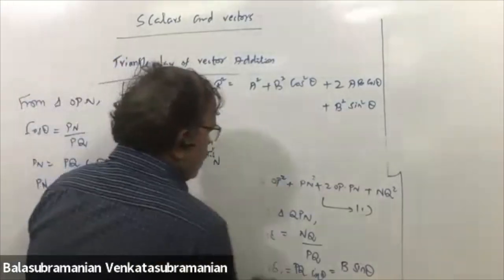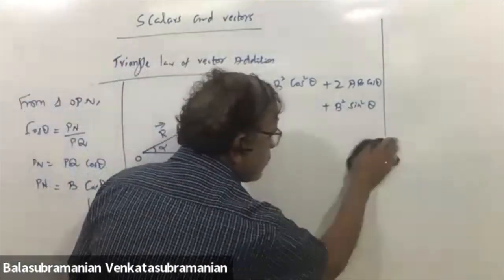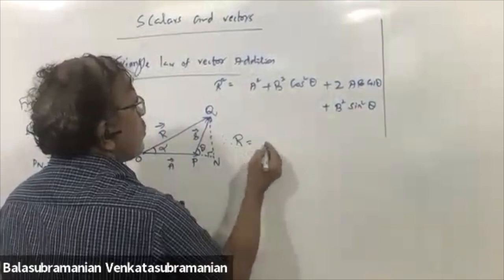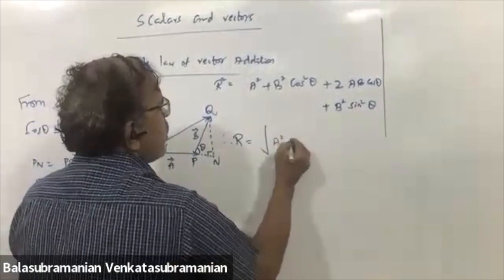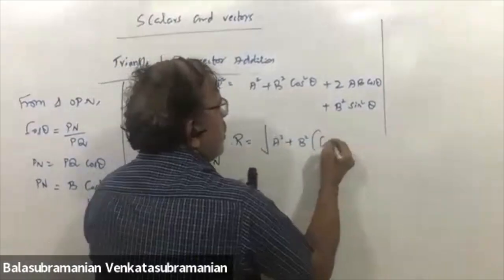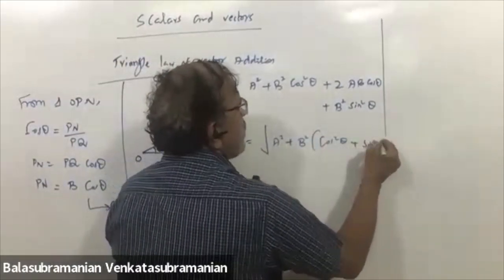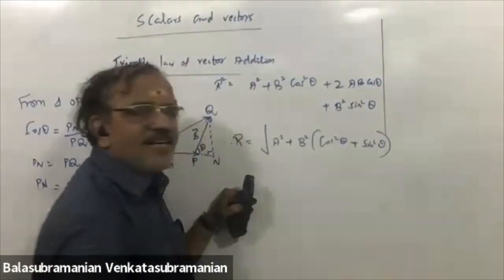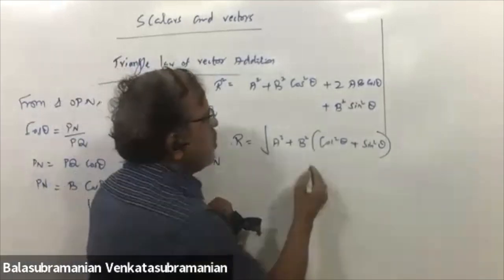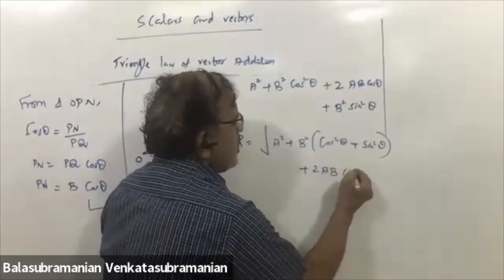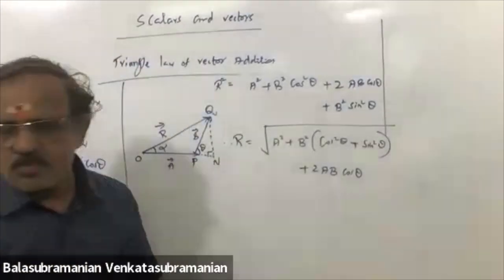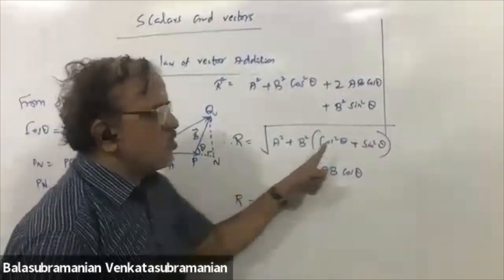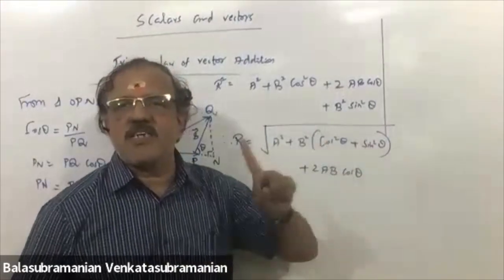Therefore R is equal to root of A square plus B square cos square theta plus sin square theta, taking B square common, plus 2AB cos theta. Cos square theta plus sin square theta is 1.